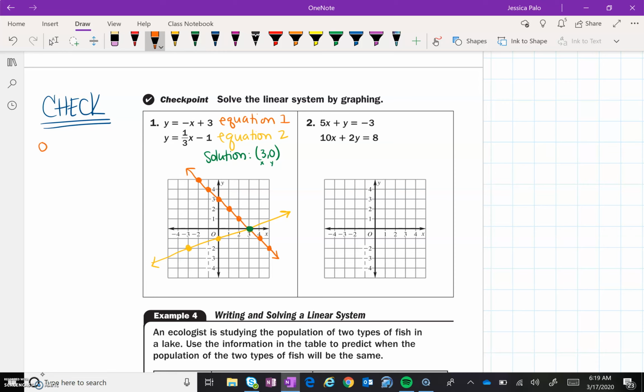So 0 equals -1 times 3 plus 3. 0 equals -3 plus 3, and 0 equals 0. So the coordinate 3, 0 is a solution to equation 1.